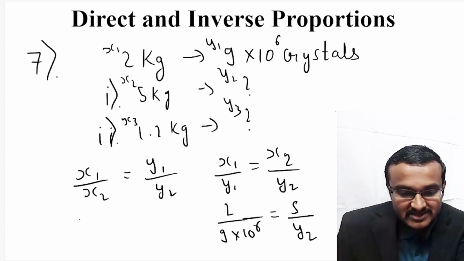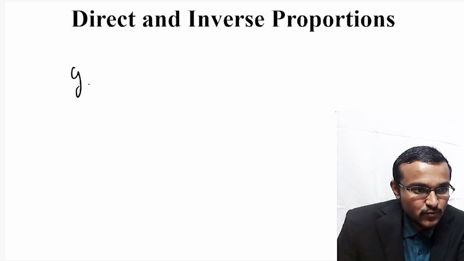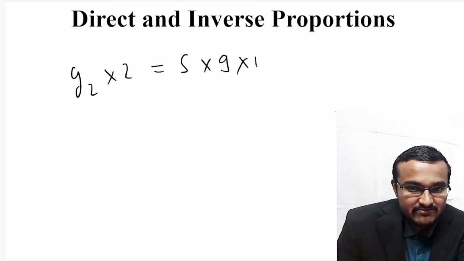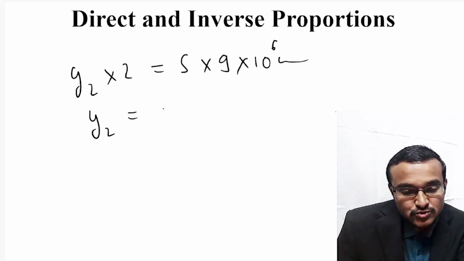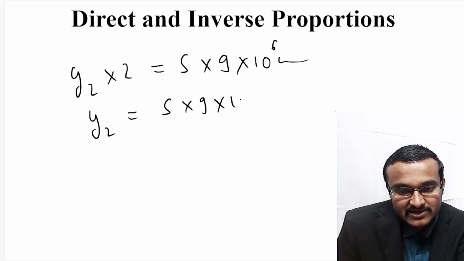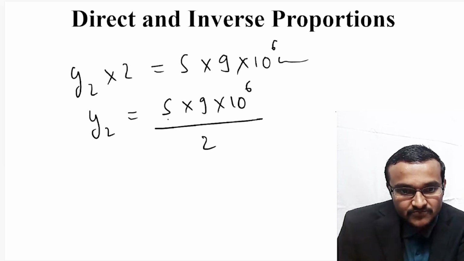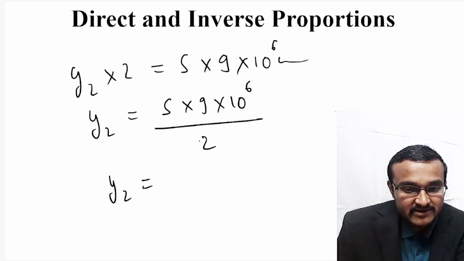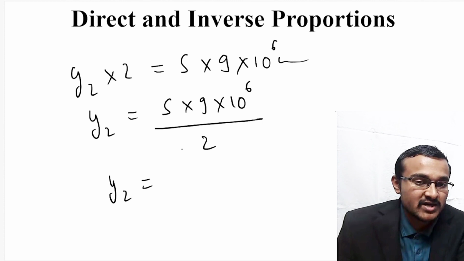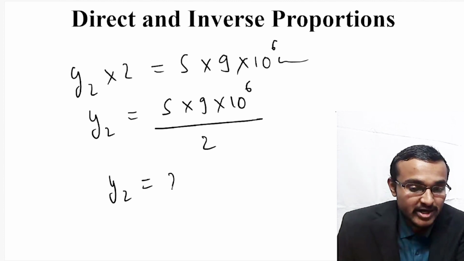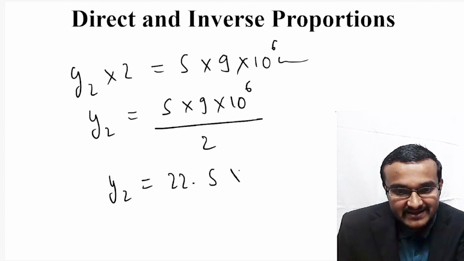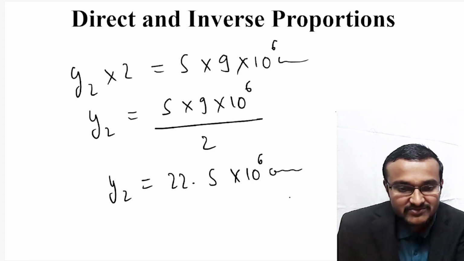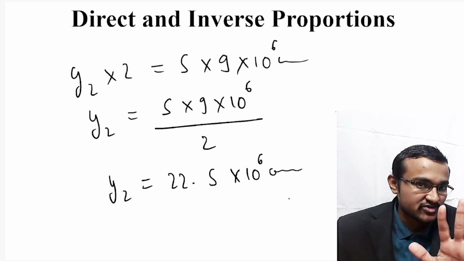Now when you make cross multiplication of this, y2 into 2 is equal to 5 into 9 into 10 power 6 crystals. Here you can bring this 2 to RHS. It will become 5 into 9 into 10 power 6 divided by 2. So 9 5s are 45. 45 by 2 will be equal to 22.5. So 22.5 into 10 power 6 crystals will be there if there is 5 kg of sugar.